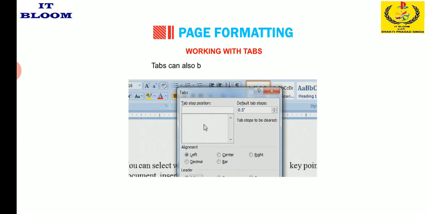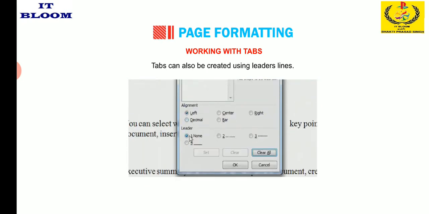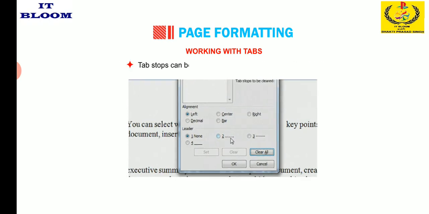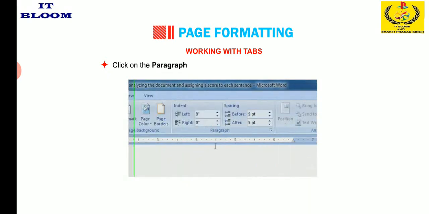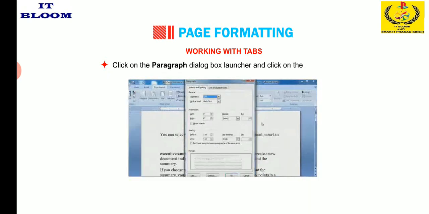Tabs can also be created using leaders line. Let us insert dots or dashes in the space leading up to the tab stop. Tab stops can be set by clicking on the Page Layout tab. Click on the Paragraph dialog box launcher and click on the Tabs button.